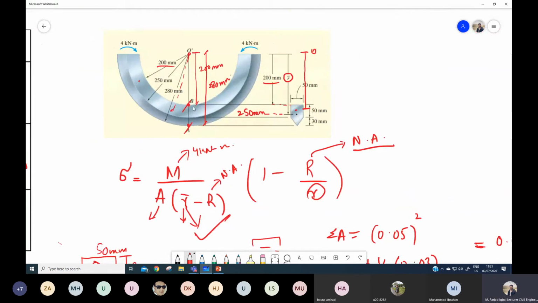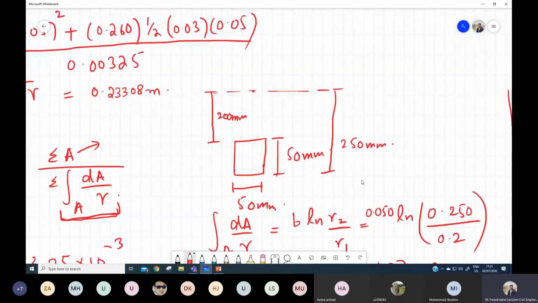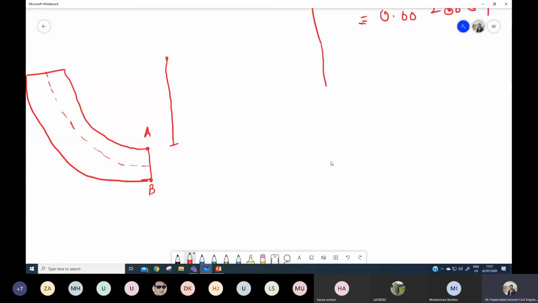This is point B, and this is point A. The distance r for point B is 200 millimeter, and the distance r for point A is 280 millimeter.